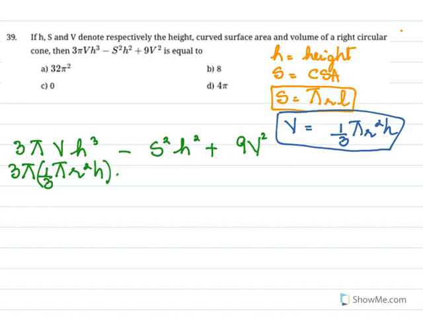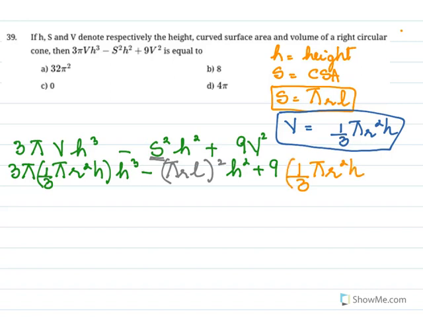This is the value of V. And then we have the h cube. Now we will substitute for s square. S we know is pi r L. So this is s square. And then we have the h square, which was already there, plus 9. Now V here again is the volume. So volume is 1 by 3 pi r square h, the whole square.